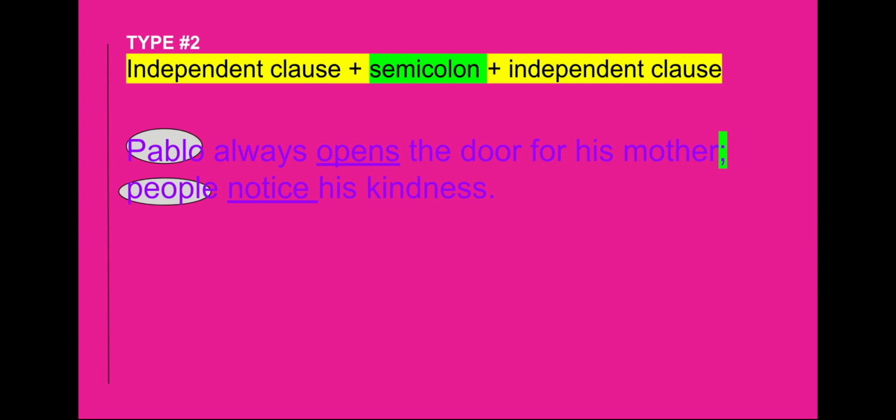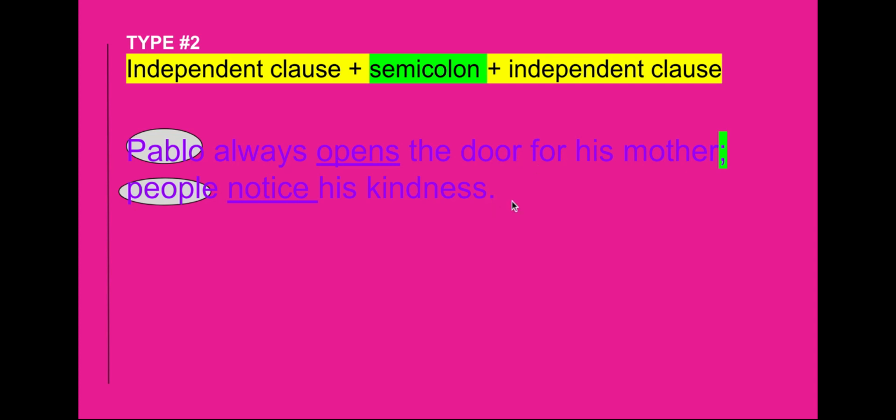Remember, when you are writing compound sentences that are type 2, you want to make sure that both parts of the sentence are very similar in topic. They are talking about the same thing. Because you are not using conjunctions, there's really no way to show the relation between sentence 1 and sentence 2.